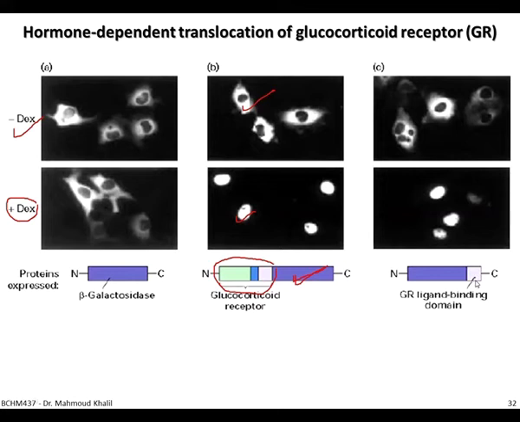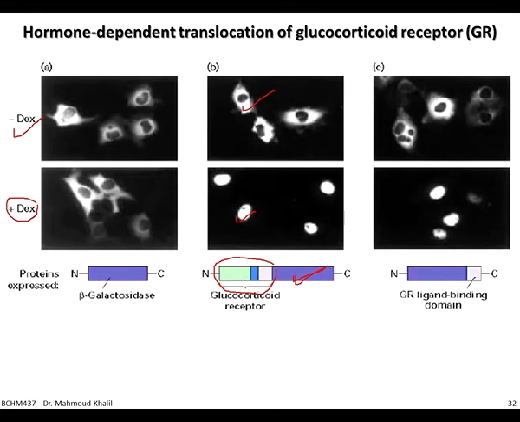You can see here, when this is induced by the presence of the DEX steroid hormone, the complex is inside the nucleus, while in the absence of DEX, it is still in the cytoplasm. From this setup, we conclude that the region of the nuclear receptor, or generally the nuclear receptors, responsible for translocation from the cytoplasm to the nucleus is the ligand binding domain.